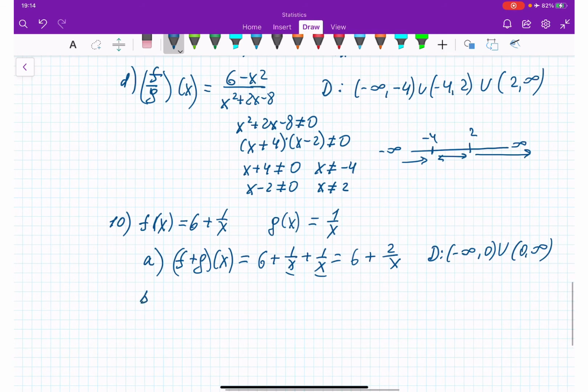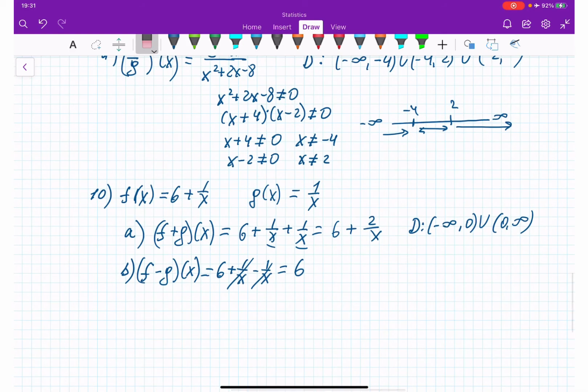Next, b, f minus g of x, it's going to be 6 plus 1 over x minus 1 over x. This is gone. The answer is 6. So what is interesting here? If I had only this 6, I would put the domain as all real numbers.